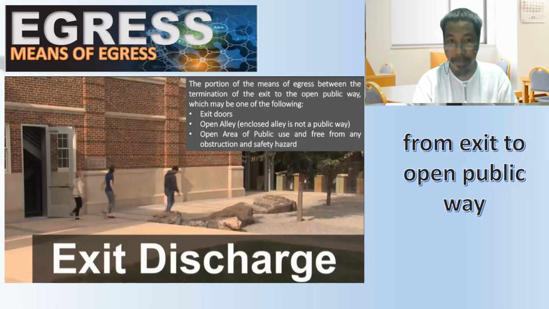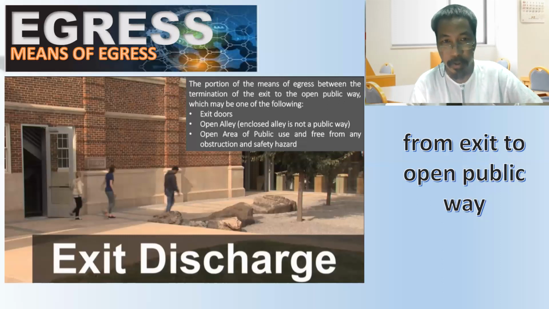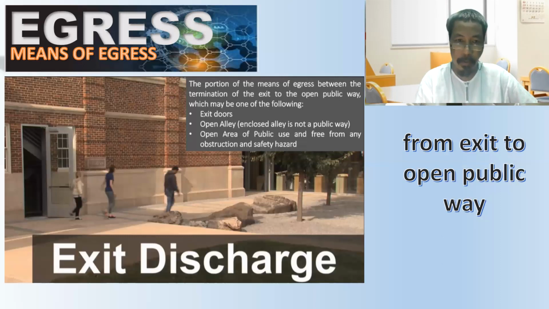So the place where these three people are walking, as shown in your screen, they are walking along the exit discharge. So therefore, the portion of the means of egress between the termination of the exit, termination of the door, to the open public way, which means any one of the following: exit doors, open alley, open area of public use, and free from any obstruction and safety hazard. Exit discharge because, as you can see, there is no fence.